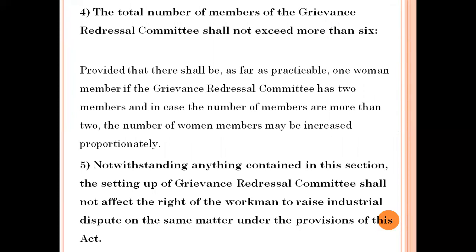The total number of members of the grievance redressal committee shall not exceed more than 6, provided that there shall be, as far as practicable, one woman member if the grievance redressal committee has 2 members, and in case the number of members are more than 2, the number of women members may be increased proportionately.